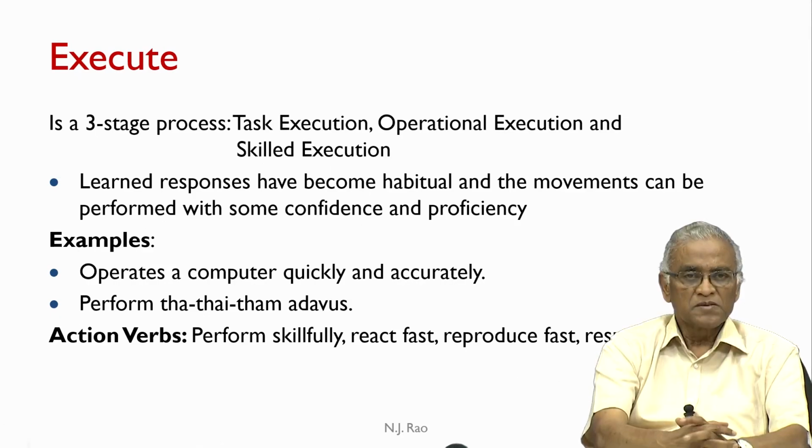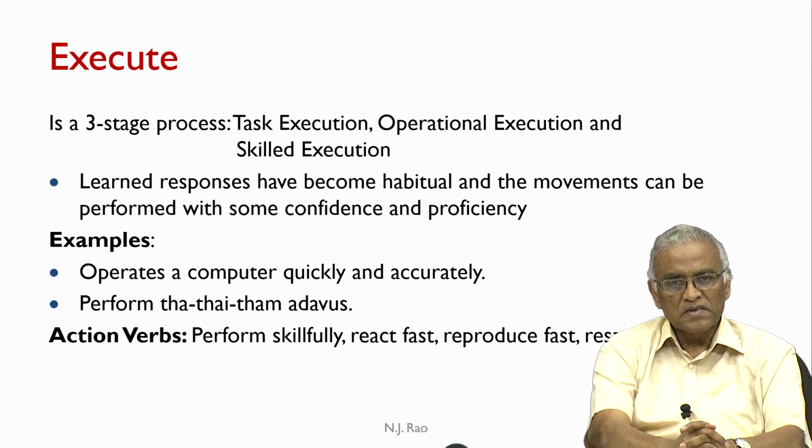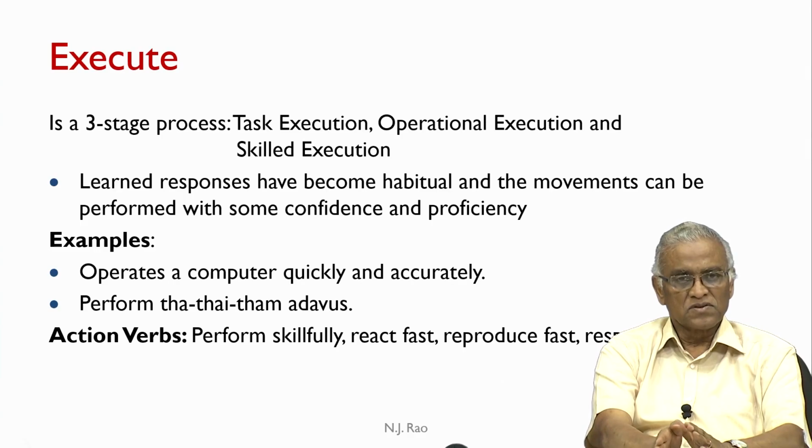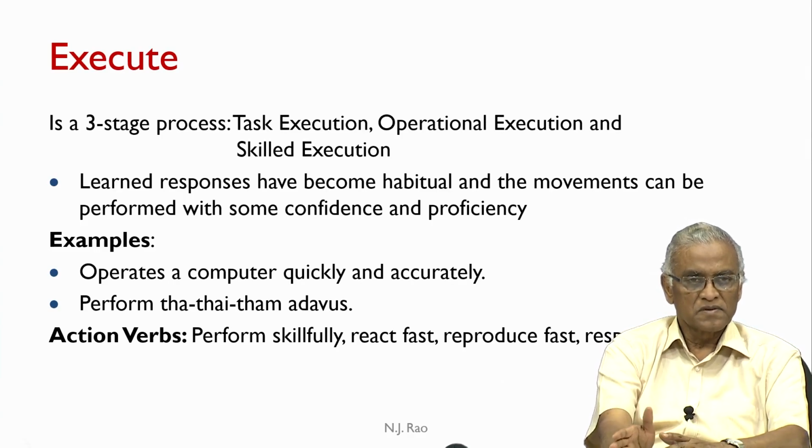And then you have execute. It is a 3-stage process: task execution, operational execution and skilled execution. Now you have 3 levels of execution. That is, learned responses have become habitual and the movements can be performed with some confidence and proficiency.